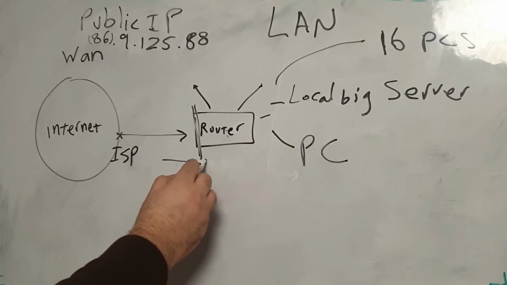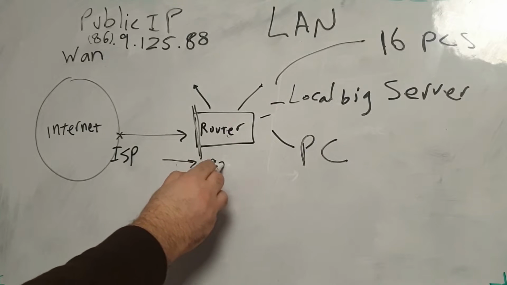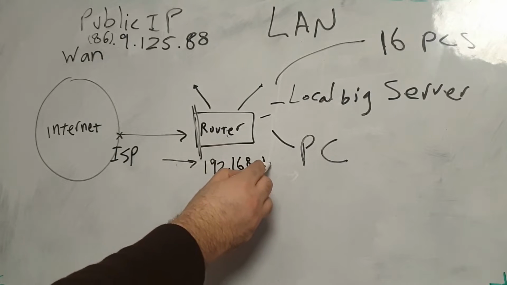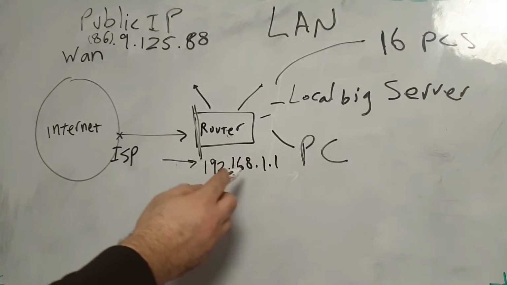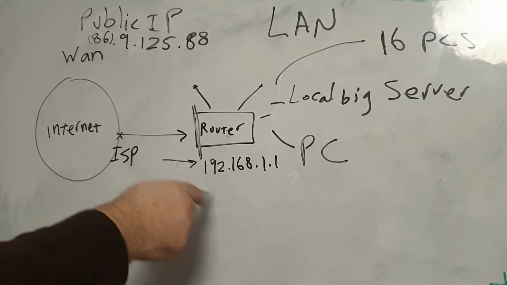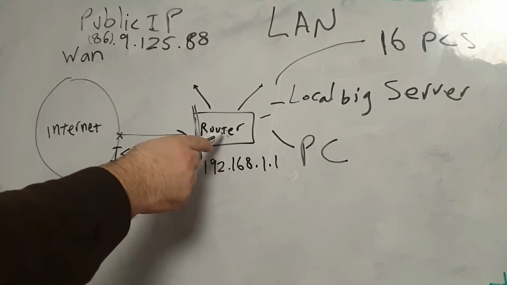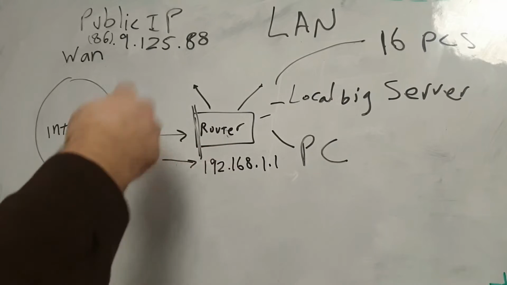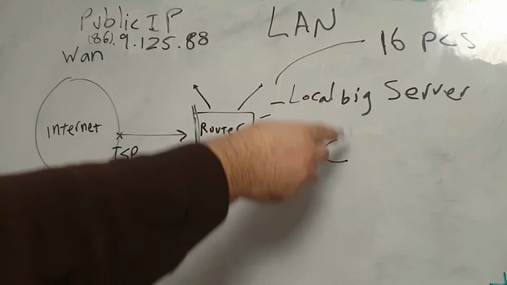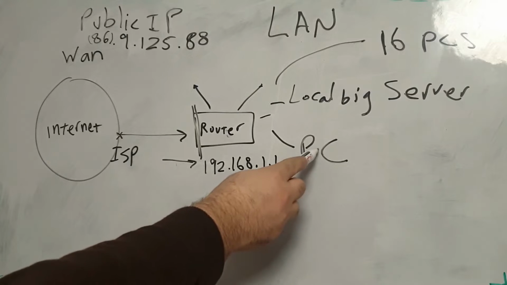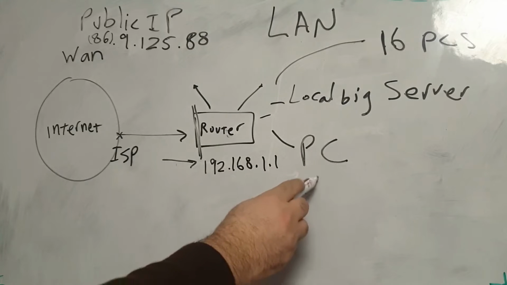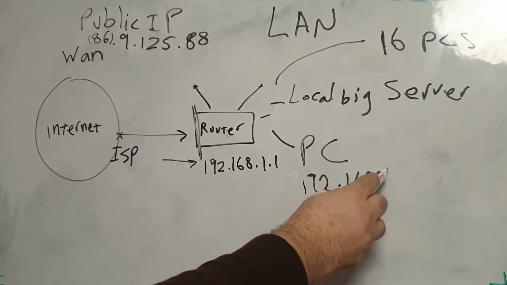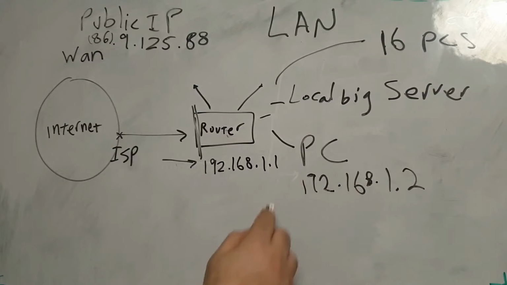It's like 192.168.1.1, for example. So that's the IP, that will be the local IP address of your router. But then it will distribute the rest of the IPs to the other devices. For example, this single PC might take 192.168.1.2.